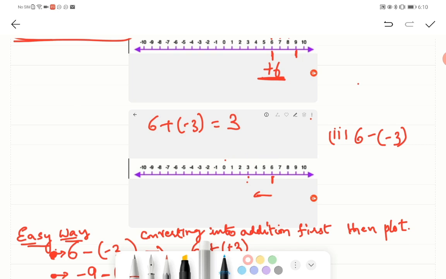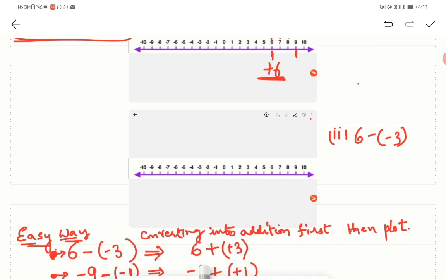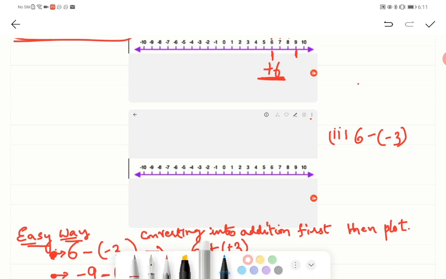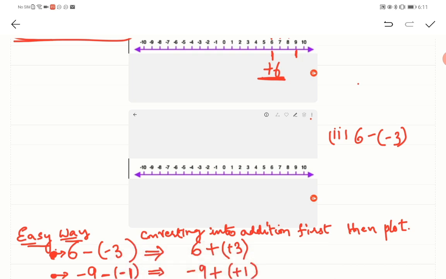Okay, now suppose your question given is something like this: 6 minus of minus 3, this one. Okay, so according to rule, how are you converting this sign into plus? First, this first number should be the same.